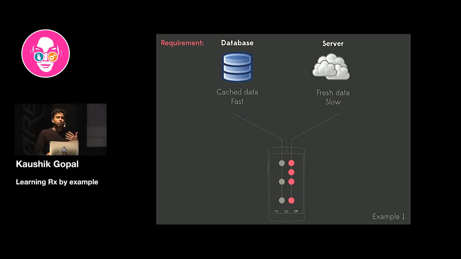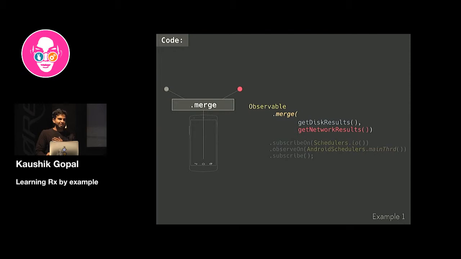And so if you really want to do this in RxJava, how do you do it? Well, they have this saying, there's an app for anything. In Rx, there's an operator for almost anything, right? So there's this operator called merge. This is how it looks in code. It's very simple. It's Observable.merge. And then you provide the two data sources, right? In this case, I have a disk results observable, and this is typically what gives me the results from my local database.